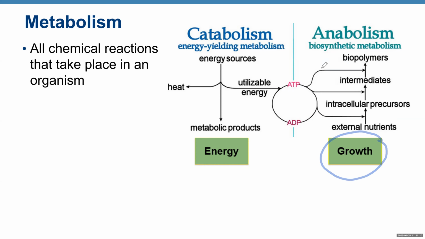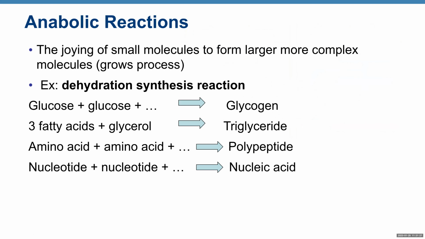Now, for anabolic reactions, we're going to use this ATP to make larger molecules, and we use the energy of ATP, so it becomes ADP. So catabolism for energy, anabolism for growth. So anabolic reaction is the joining of small molecules to form larger, more complex molecules. So that's for growth processes.